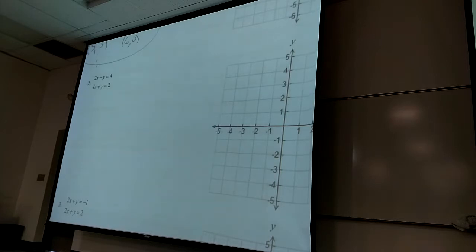So the first step is just graphing 2 lines. This is something you should be, by now, decent at.